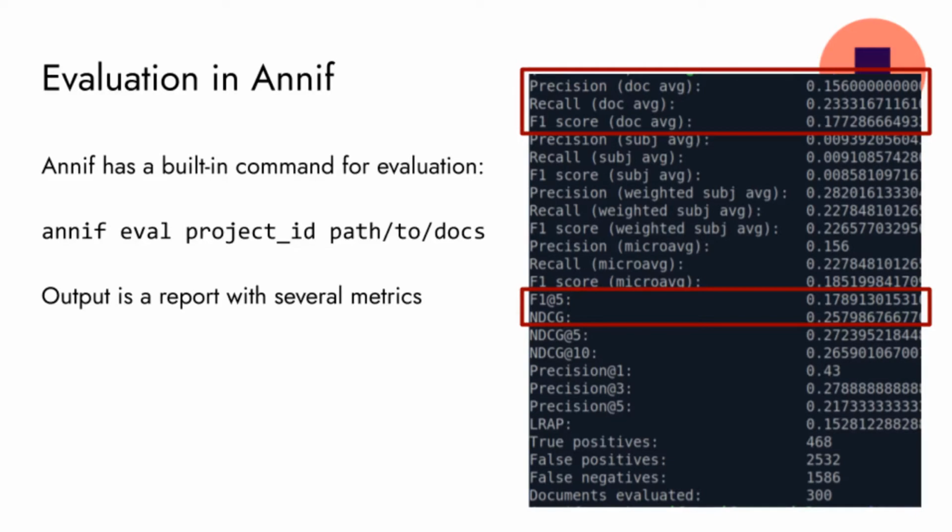Generally, maybe the most useful metrics are the document average metrics, for which the metric values are first calculated for each document, and then the final values are obtained by averaging over the values of all documents. There are also entries like F1 at 5, which means that this F1 score has been calculated by retaining only the 5 highest ranked suggestions of each document.